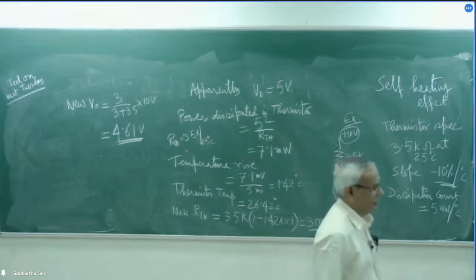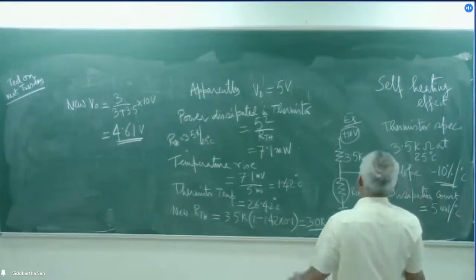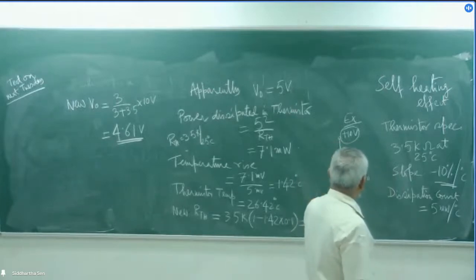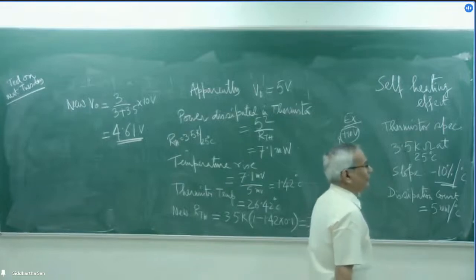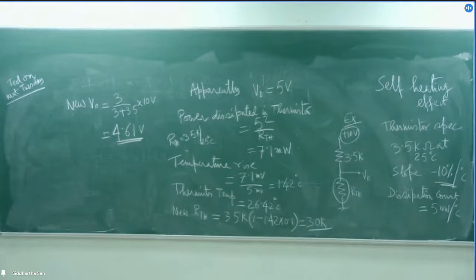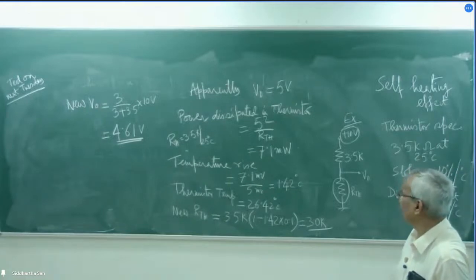But finally, if your choice of this series resistance is wrong or the voltage is too high, the thermistor temperature will go higher and higher till it is burnt out. So we must be very careful about using or handling a thermistor.